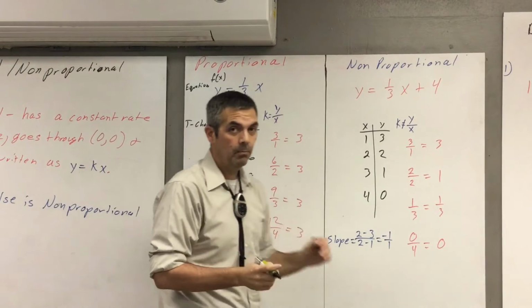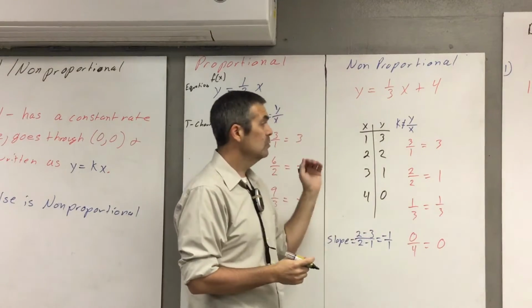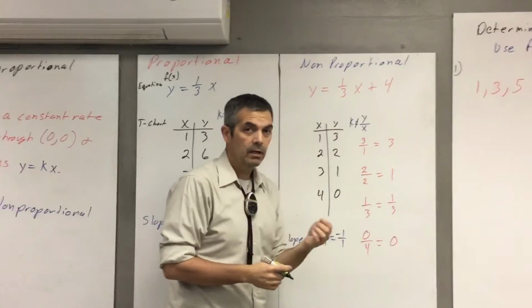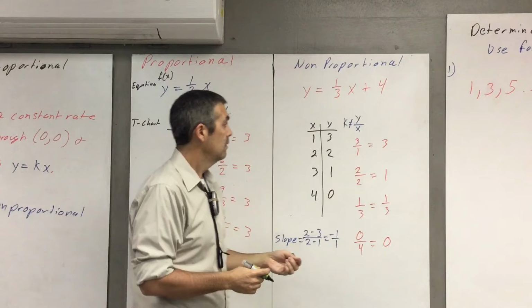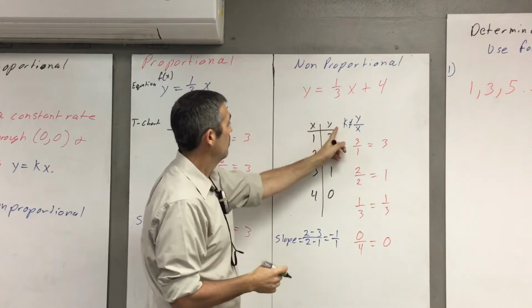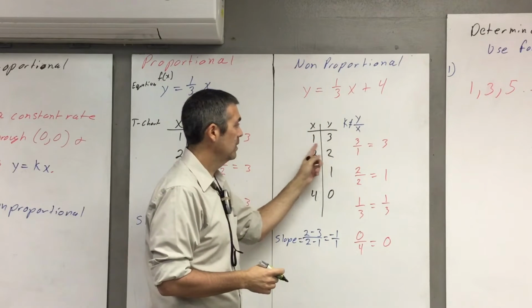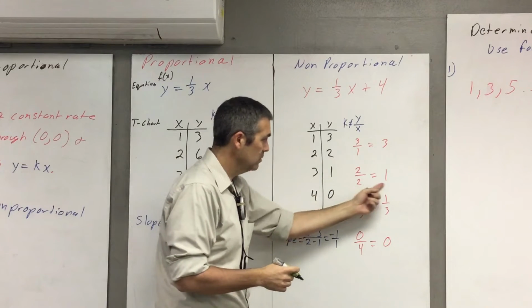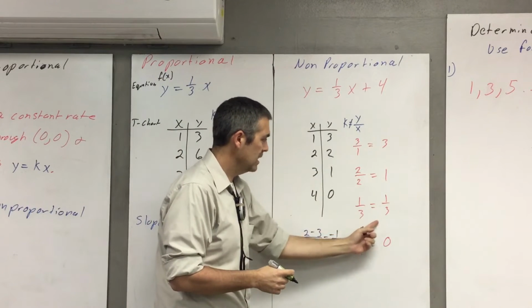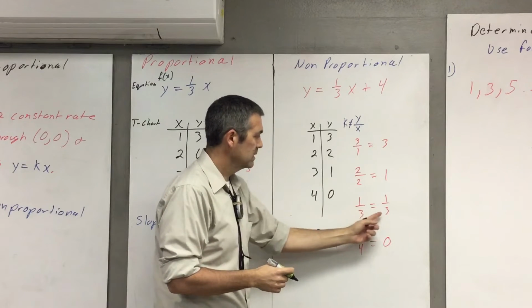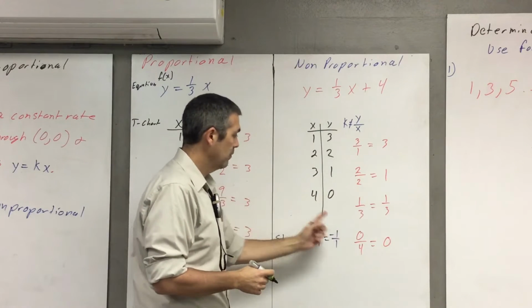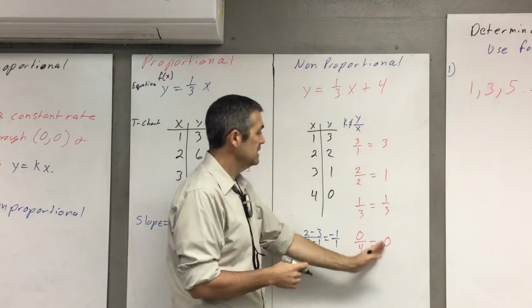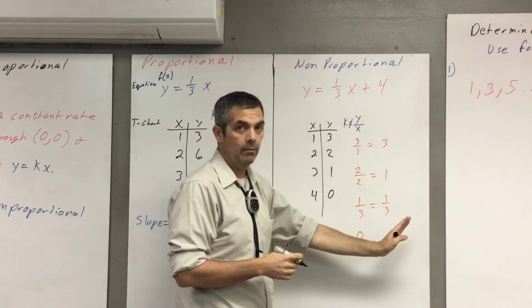Now, if it's non-proportional, if you do y over x, you're not going to get your k. Look, y over x: 3 over 1 equals 3. But no matter, as I do this, notice it's not the same. 1 over 3 gets me 1 over 3, 0 over 4 gets me 0. It's not the same all the way down.